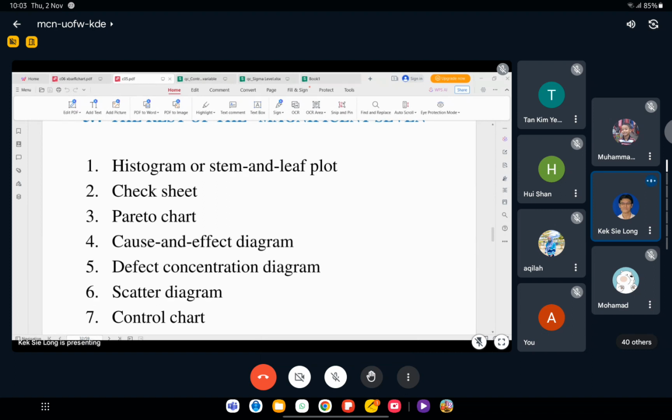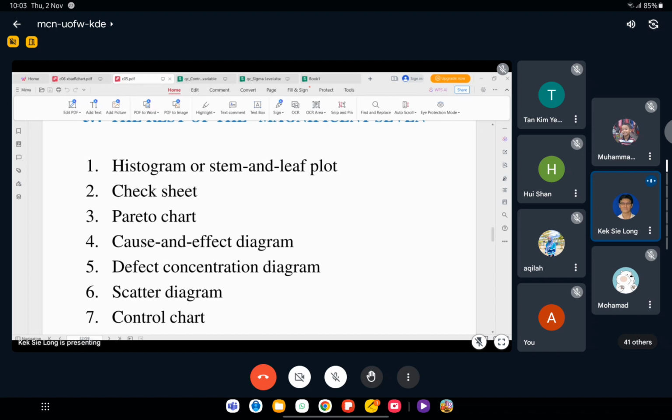This one maybe we are not familiar with because this defect concentration diagram is specific to quality control. Six, scatter plot diagram. This is to know the correlation for the data we collected.